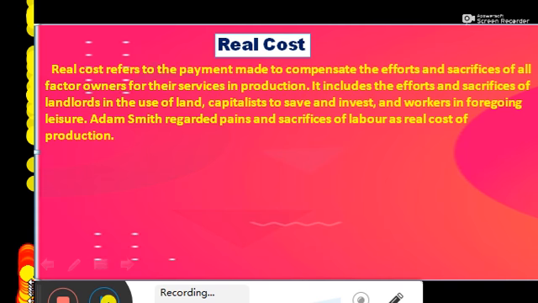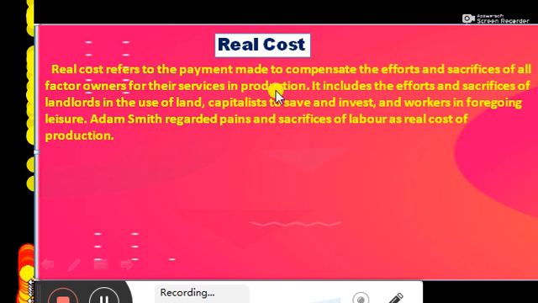While talking about the real cost, the money spent for their services is not taken into account, but it is the reward for the factors of production.